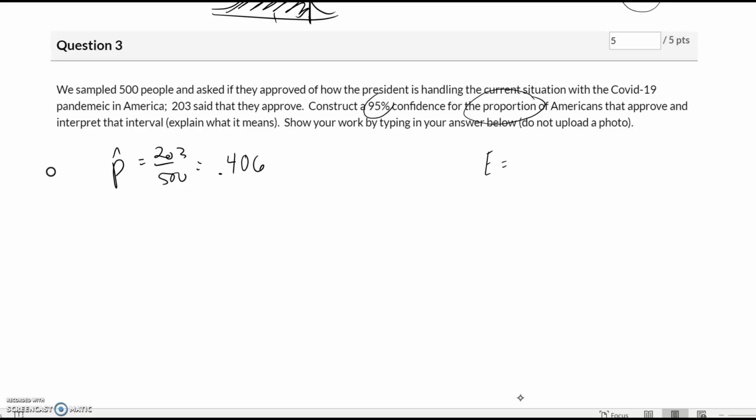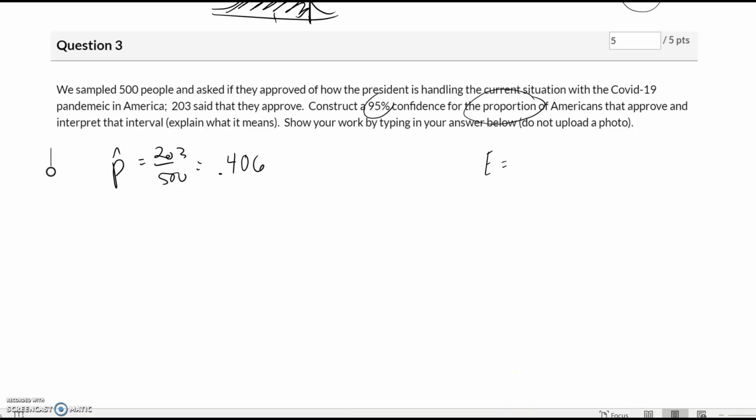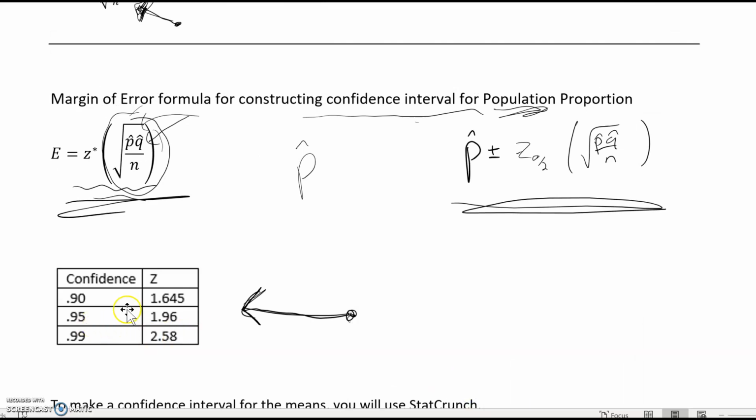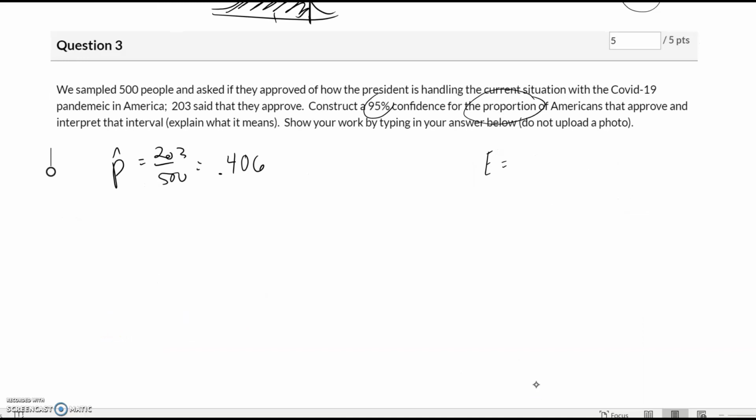For 95% confidence, I would go to my formula sheet, and we know that that's about 2 standard deviations away. We used to call it 2, then we got a little bit better. Now it's 1.96. So it's my z value there. So here's your formula, and then times the standard deviation, right? And the best we can do is estimate it with that formula.